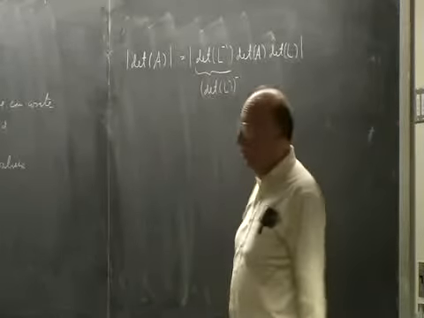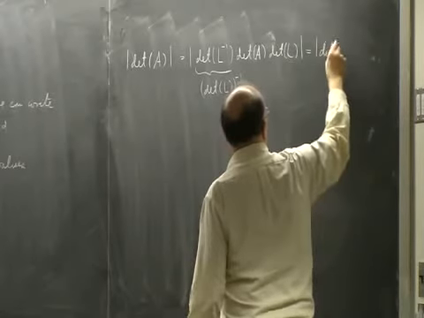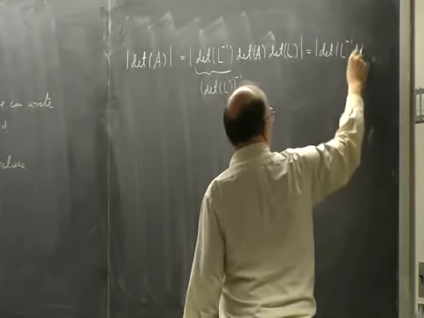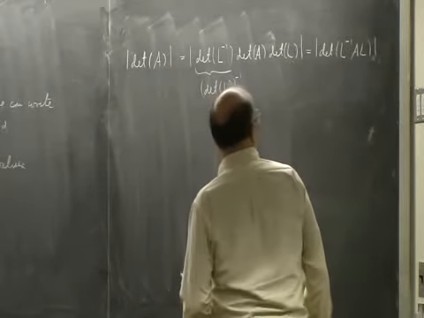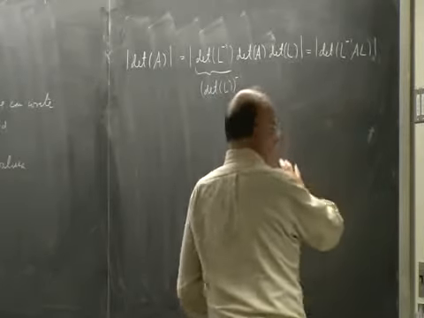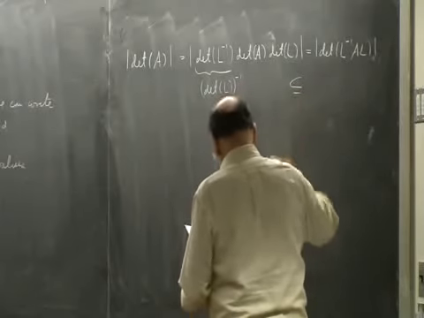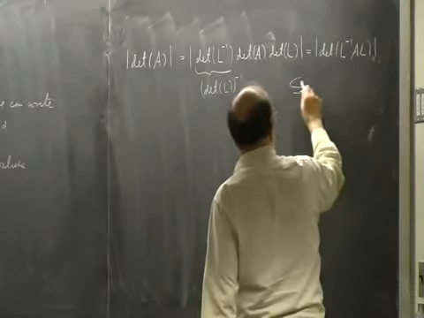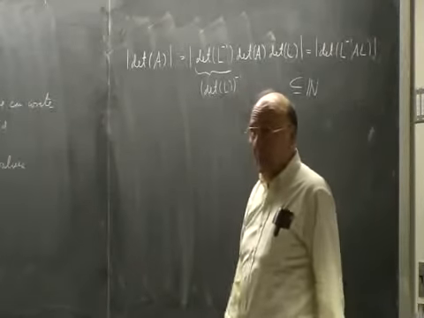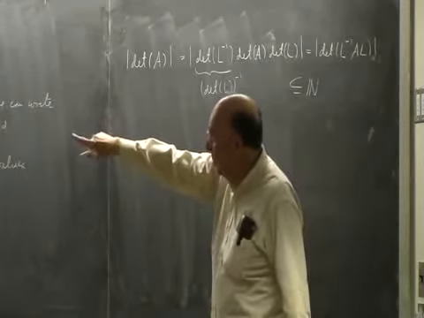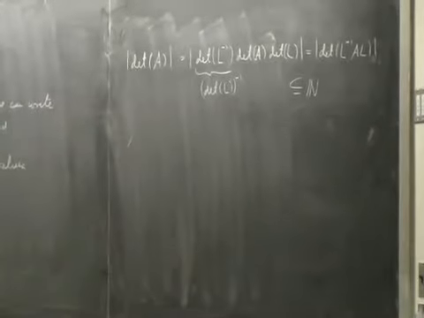But this is then just equal to the determinant of L inverse A L. And we know that these have integer values, so this is contained in the integers, and it's a positive thing. So from the very beginning, we know it's bigger than 0, bigger than 1, so that's all.